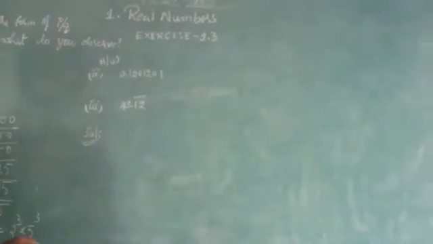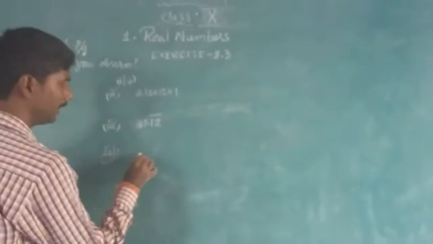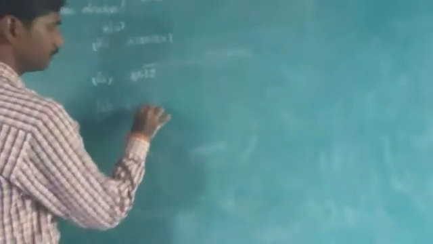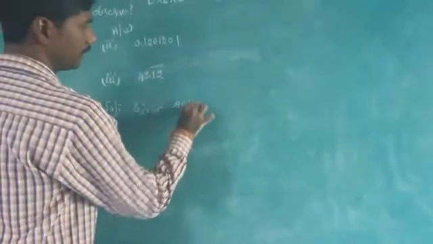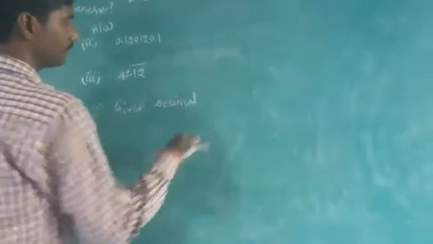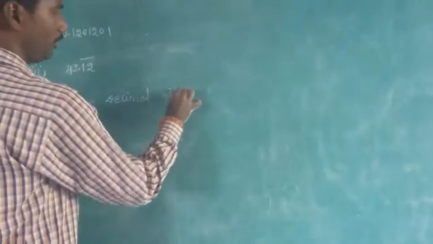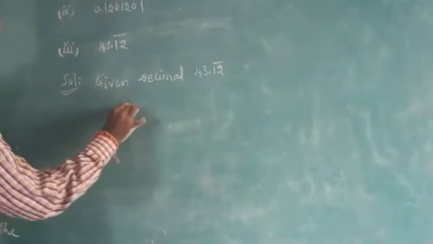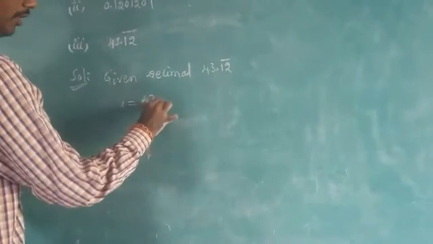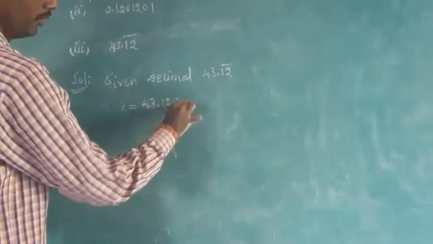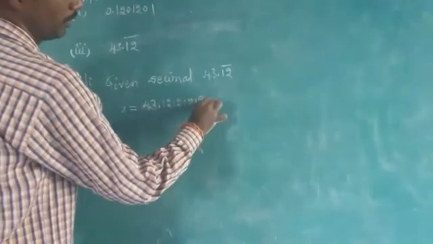So this you can write clearly. Let me take the given decimal. What is the given decimal? 43.12 bar. See, let me take this value as x. x is equal to 43.12 and so on.